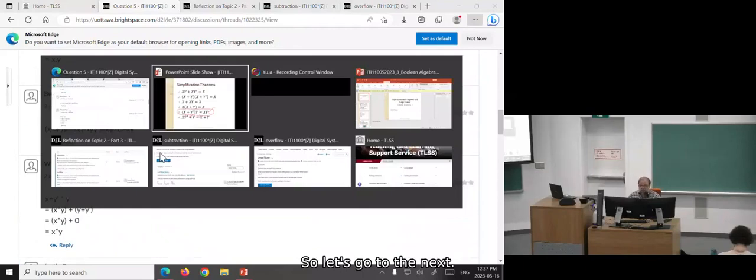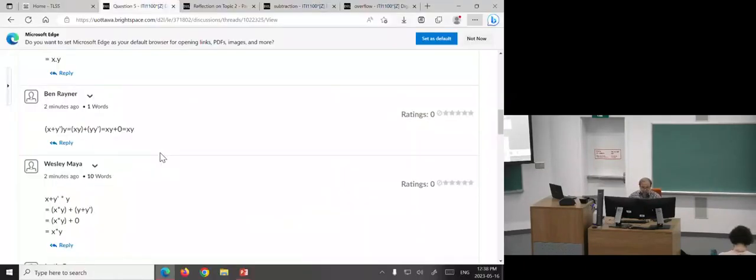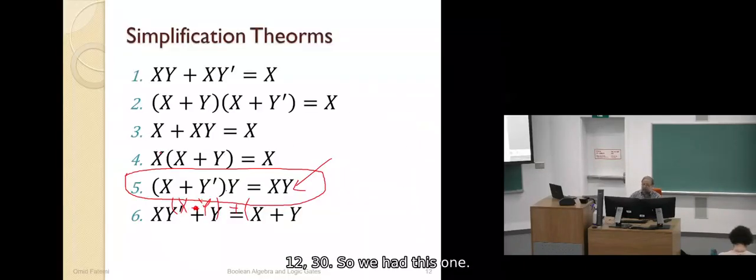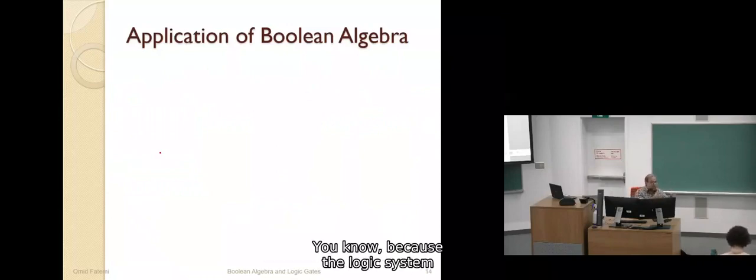So let's go to the next thing. We had this one. Now that we saw Boolean algebra, what would be the application? Why are we reading these things? Because the logic system inside a computer, the digital systems, work with 0s and 1s, with gates: not, and, or.